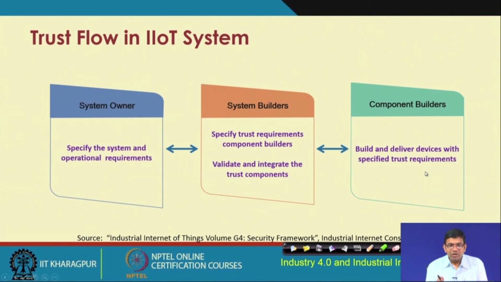So, it is a 3 component trust flow model that is relevant for IIoT. So, trust flowing through the system owner, through the system builders to the component builders. So, this is a very important consideration for trust flow in IIoT.